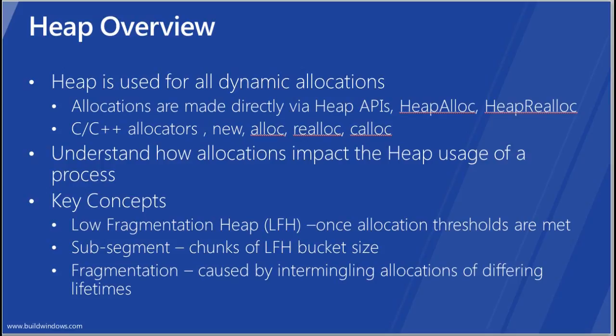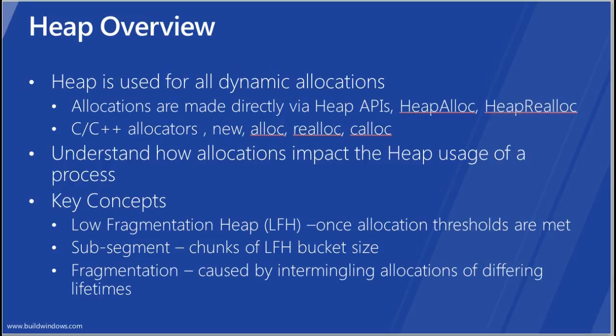The other big concept is fragmentation. Fragmentation is caused in a large part by intermingling allocations of differing lifetimes. So if I allocate a few things that are going to be short-lived, and then some things that are going to be long-lived, and then some more things that are short-lived, some things that are long-lived, and then I free up all my short-lived things, I'm going to keep alive all the subsegments that the long-lived allocations reside within.